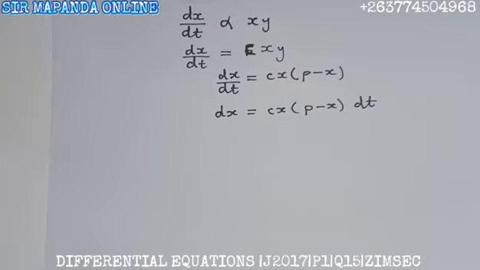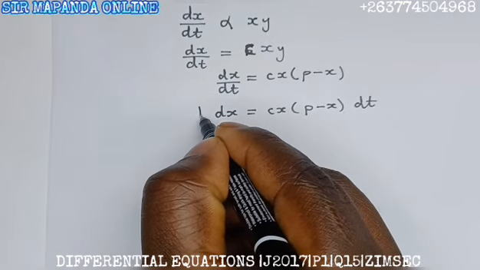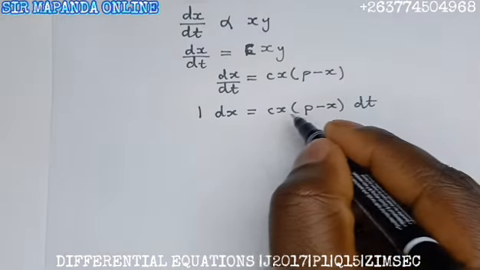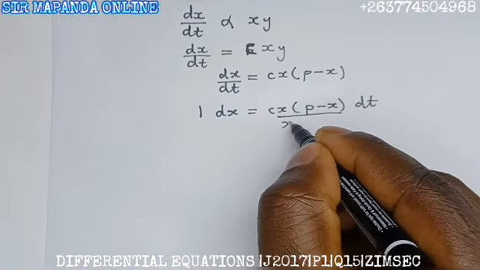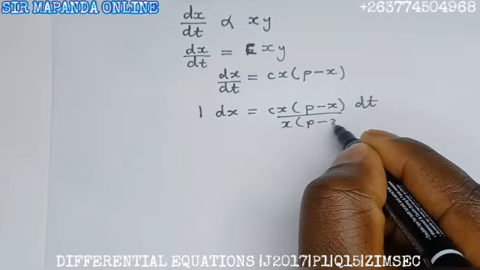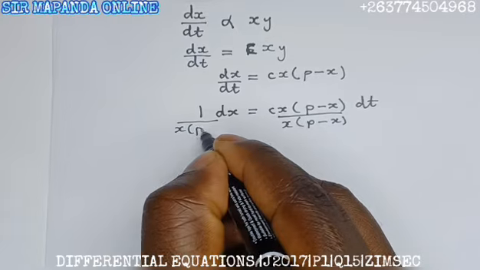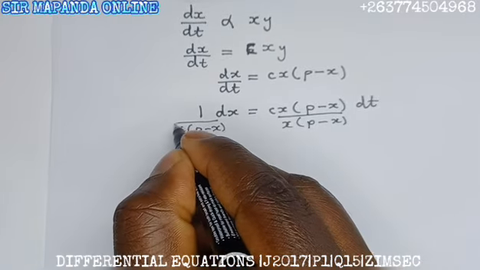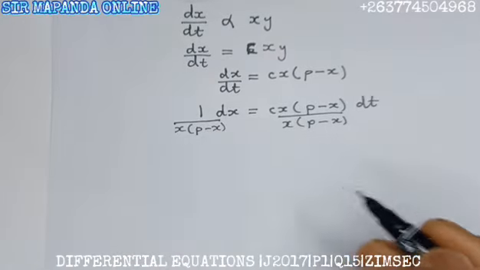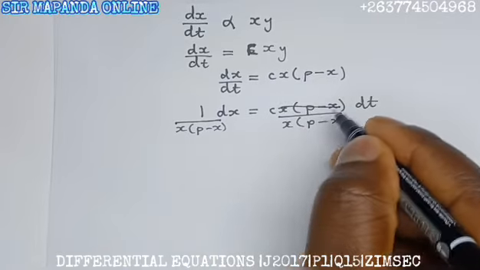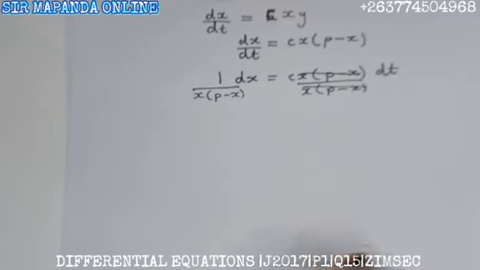Then I'm going to divide both sides by x. There is a silent one on dx here. So I'm going to divide both sides by x, P minus x. I hope you are following. So these two cancel off each other.